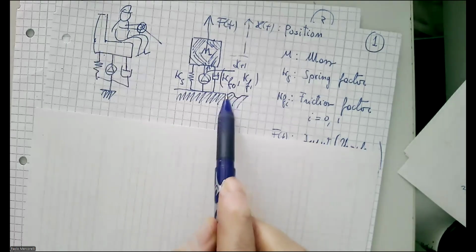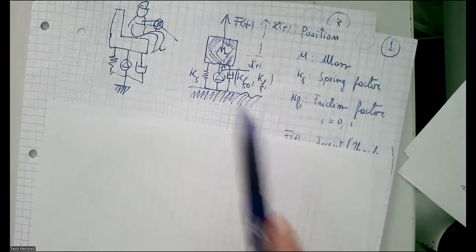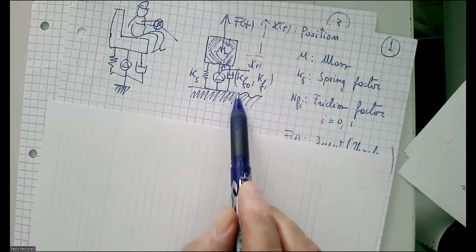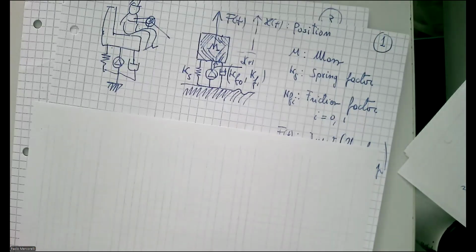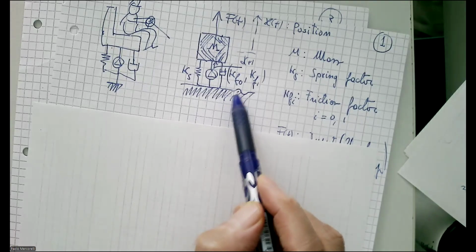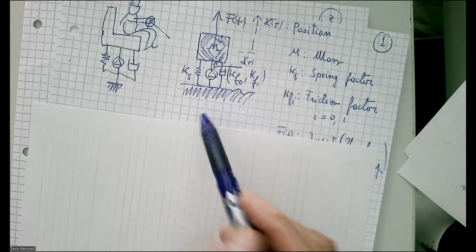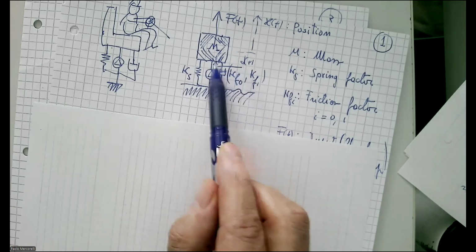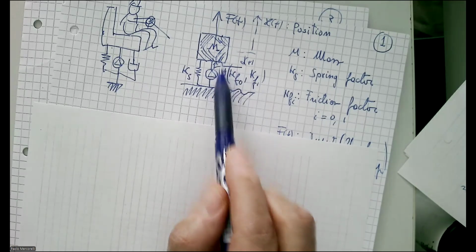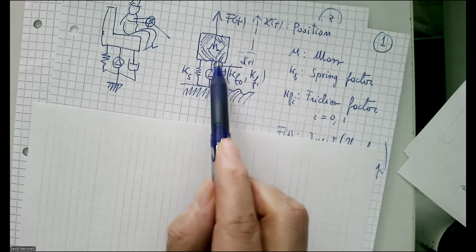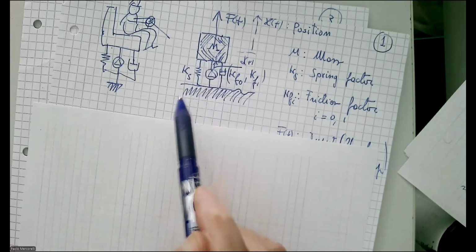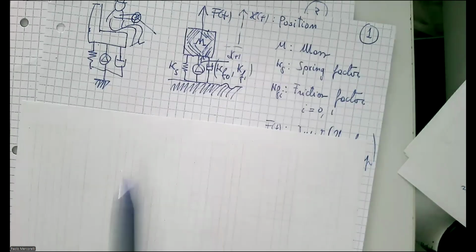But if I model somehow the disturbance, because the model is the whole system, if I consider a disturbance which comes from this profile, it's a little bit more realistic than the disturbance acting directly on the mass. But let me do that, and then I will tell you what changes here.